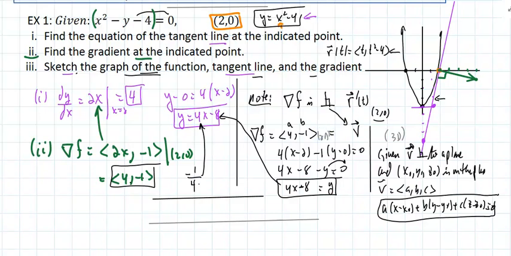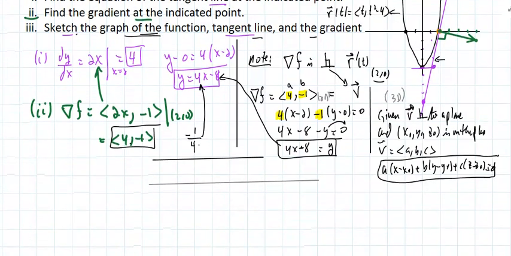That's why taking the components of vector V works just like it did before. So in 2 dimensions, there it is. In 3 dimensions, it'll be identical. So what we know is, if you can get a plane that's tangent to the surface, the gradient is always perpendicular to that plane at that one point. And that's going to help us a lot in the remaining part of this section.